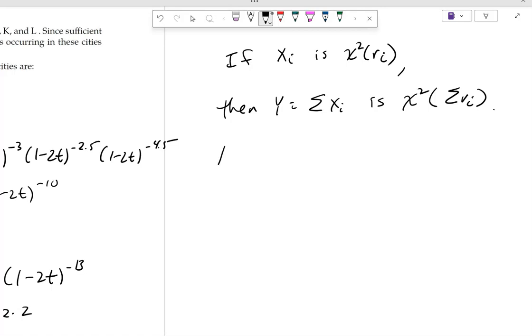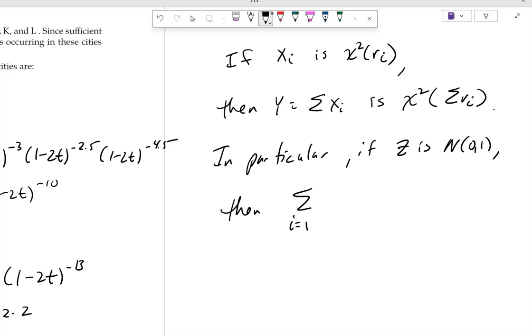So in particular, if z is normal 0, 1, then the sum from i equals 1 to n of z squared is chi-squared of n. Because when you square a standard normal, you get chi-squared of 1. So we're just adding a bunch of chi-squareds of 1 together.